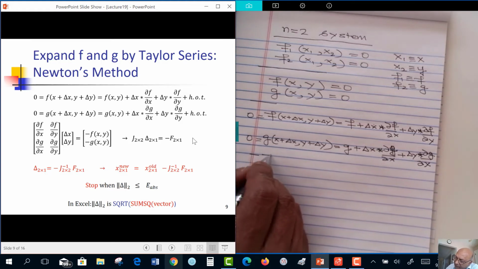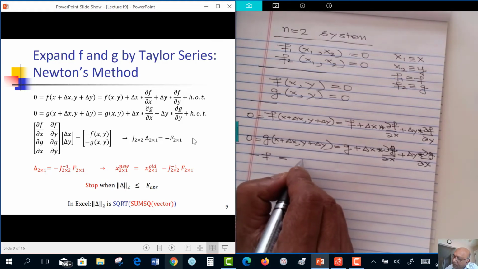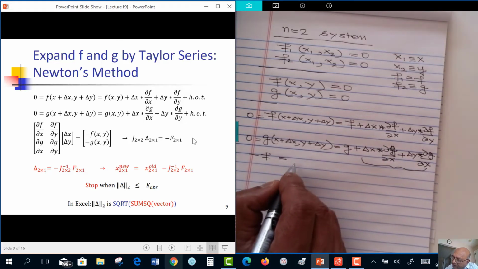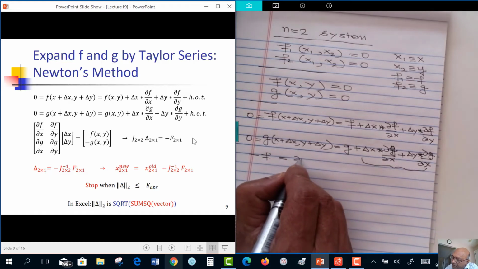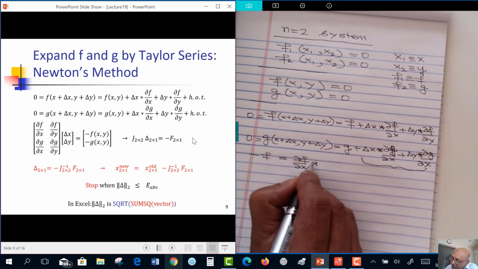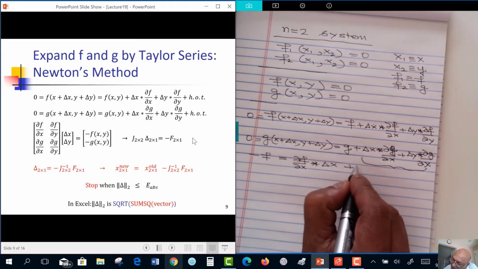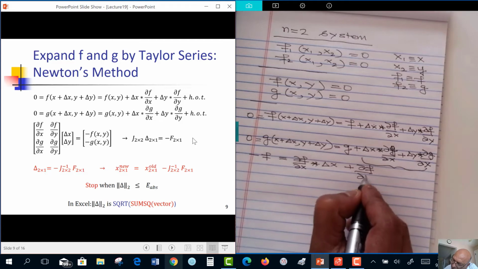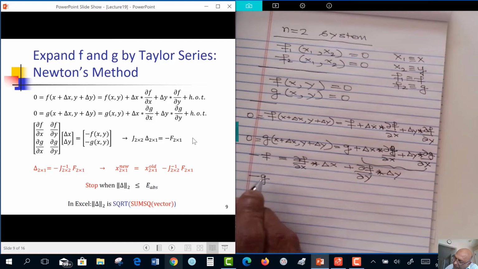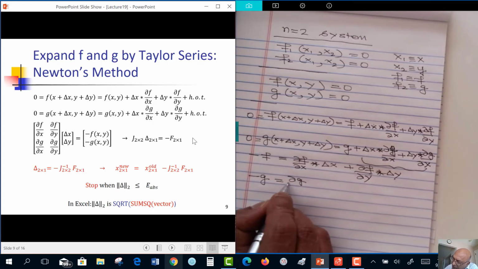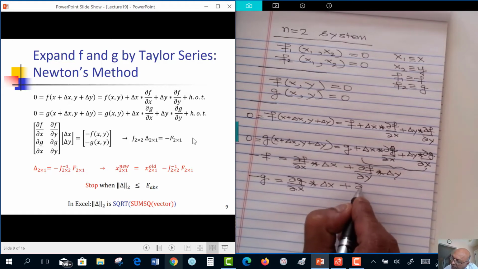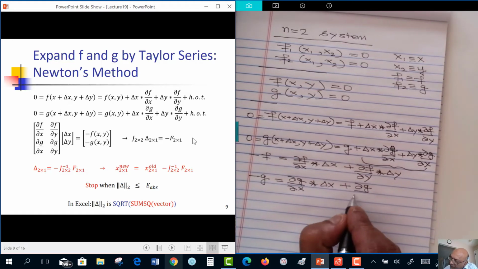So we will get minus f is equal to, and now we'll be left with the partial derivative of f with respect to x times delta x plus the partial derivative of f with respect to y times delta y, and similarly for minus g, with partial derivatives with respect to x and y.